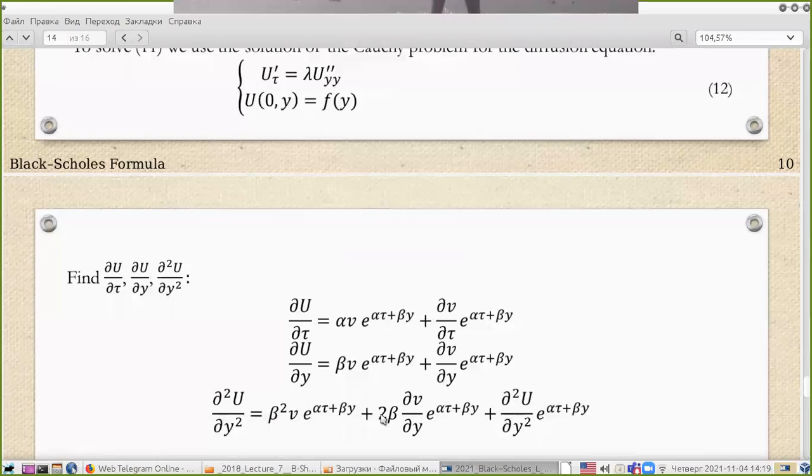And similarly, we can write the other derivatives and the second derivative.